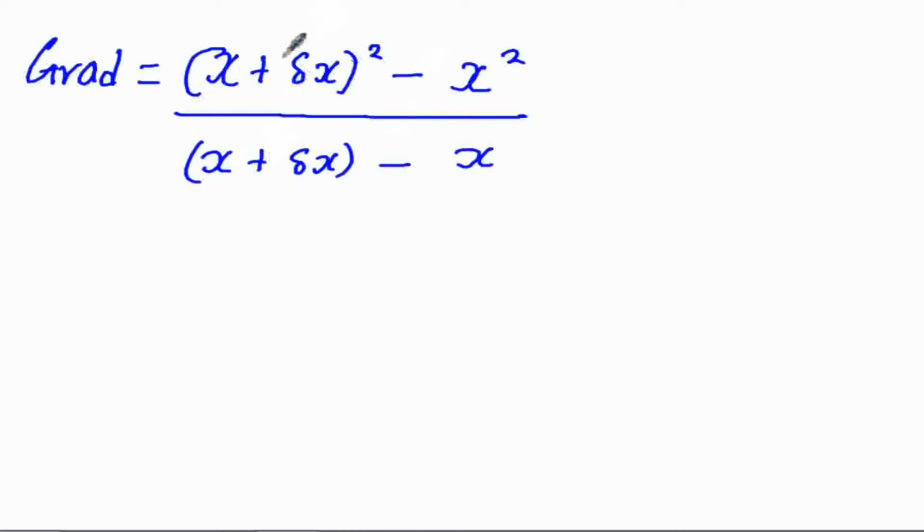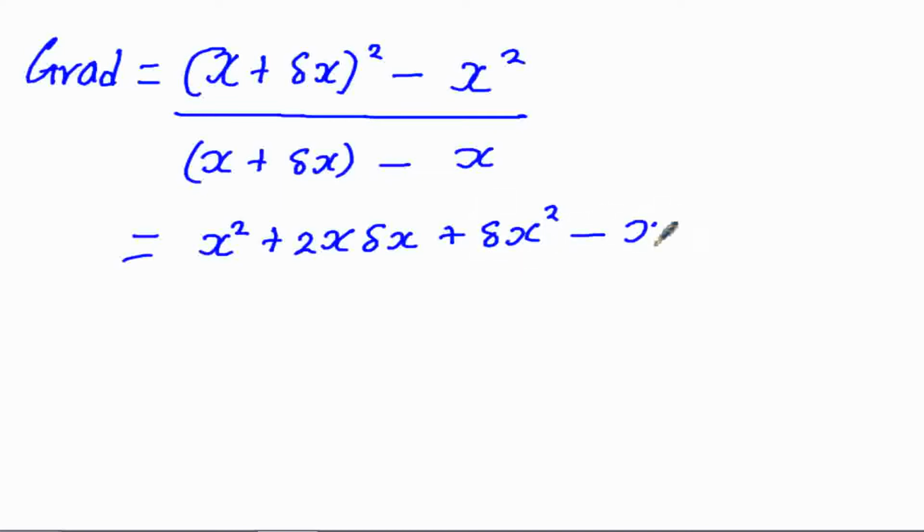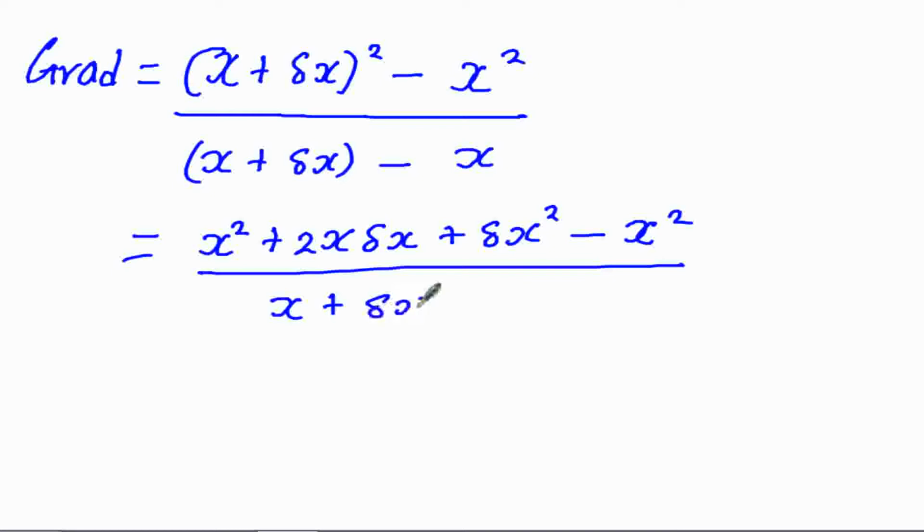So we expand this, expand that, it will give us x squared plus 2x small change in x, and then plus the small change in x, all of it squared, and then minus x squared, all over x plus small change in x minus x. So in this case, you can see some values cancelling.